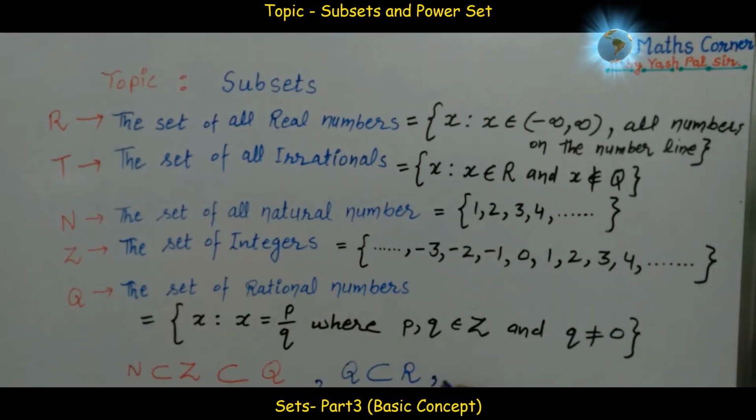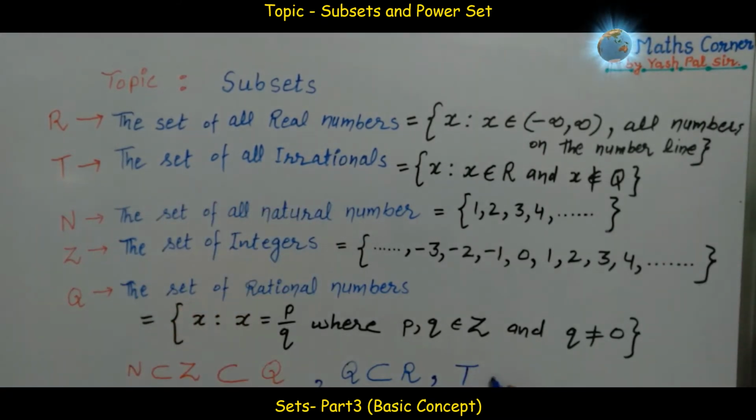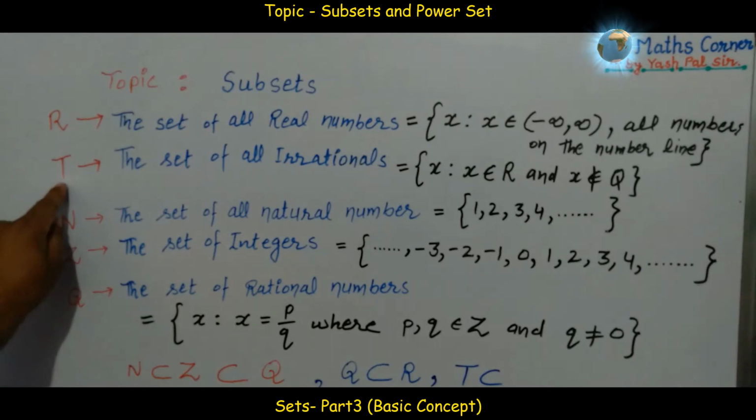Similarly, T is the set of all irrational numbers. This set is a subset of real numbers, right?